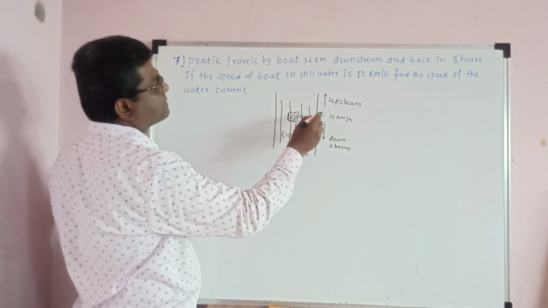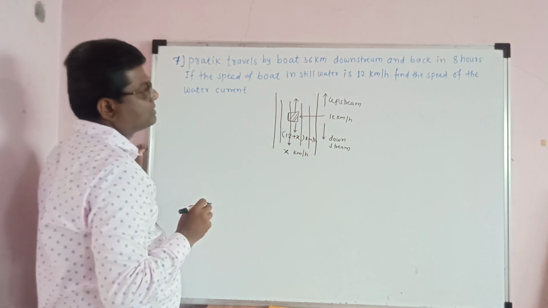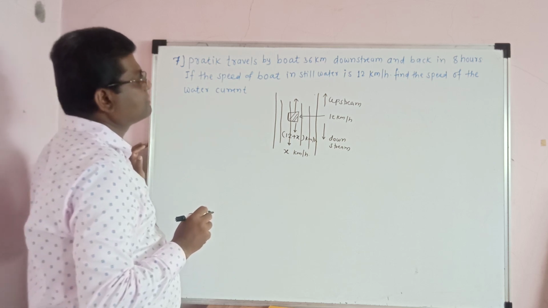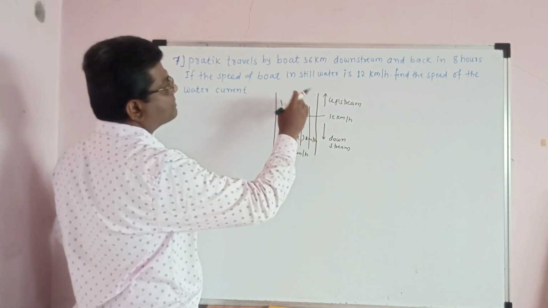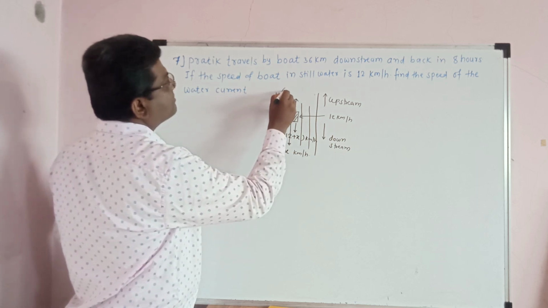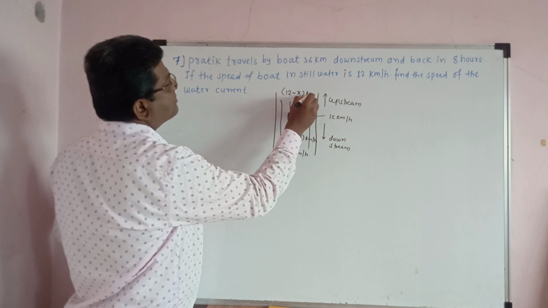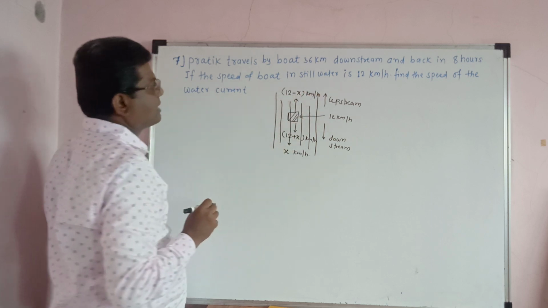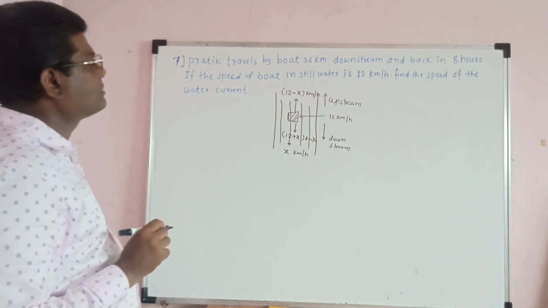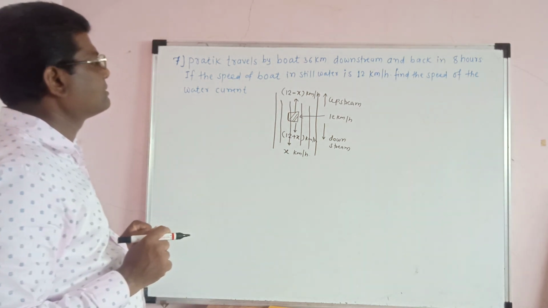And if this boat moves in the direction of upstream, that is in the opposite direction of water current, then its speed will be 12 minus x km per hour. And total time required to travel is 8 hours.